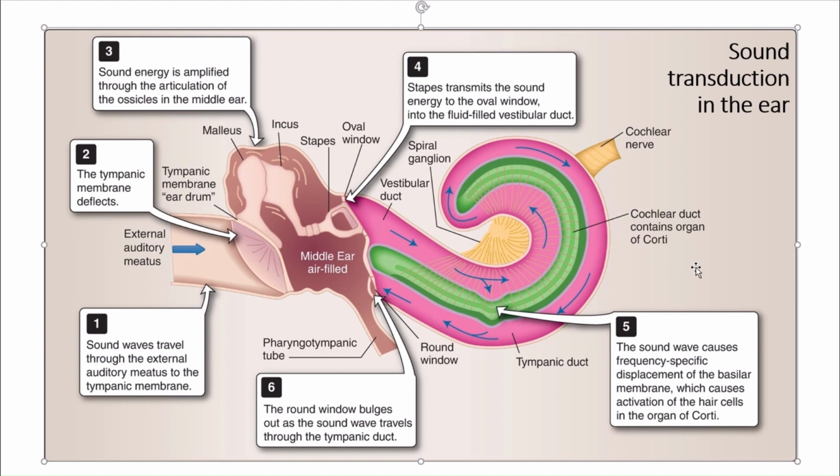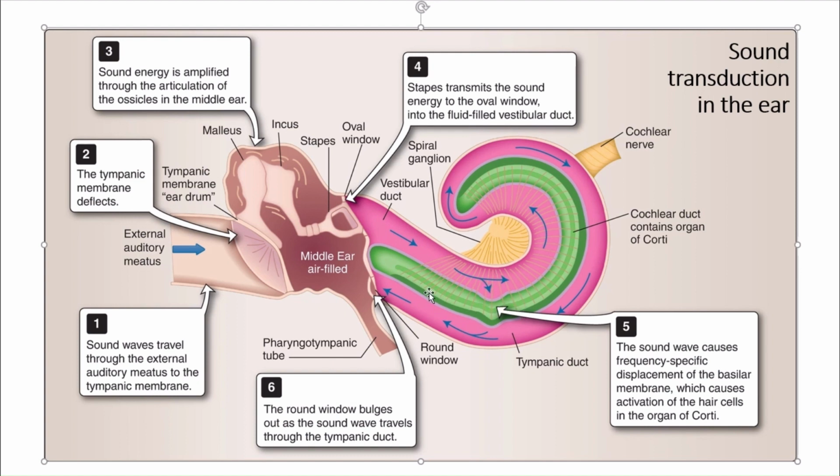So this is the area where the hair cells are located, and then you can see these nerve fibers coming from those hair cells in the cochlear duct, and they go to the spiral ganglia. If there's a high frequency sound, usually these areas are stimulated.